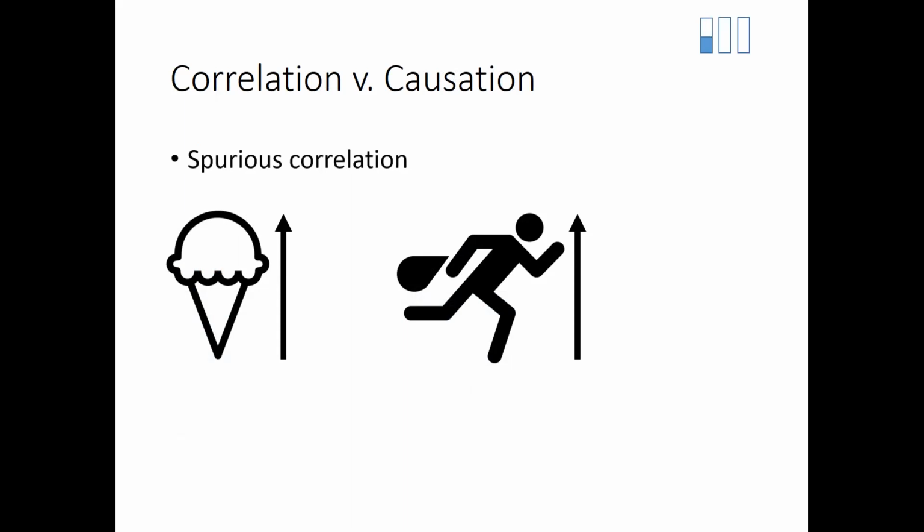What we call this type of relationship, when we talk about ice cream sales and crime rates going up, is a spurious correlation. It means two factors are highly correlated, although they don't appear to be definitely connected. Just because I bought some Ben and Jerry's last night didn't mean that I robbed the store on the way out.